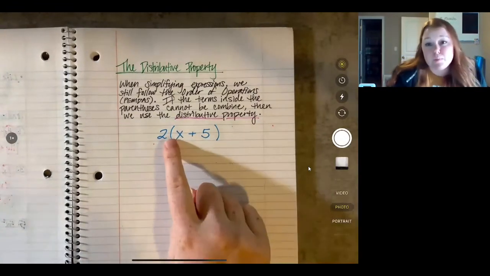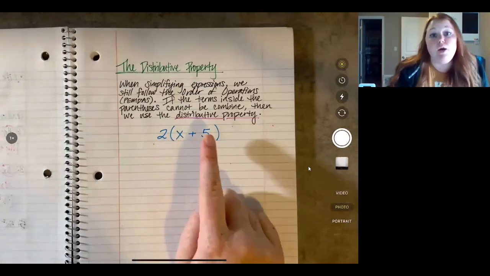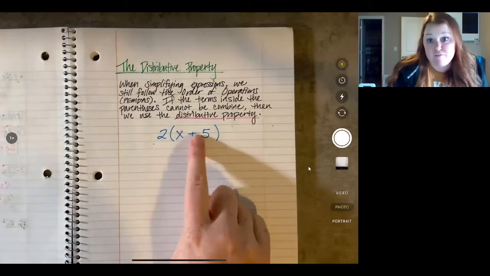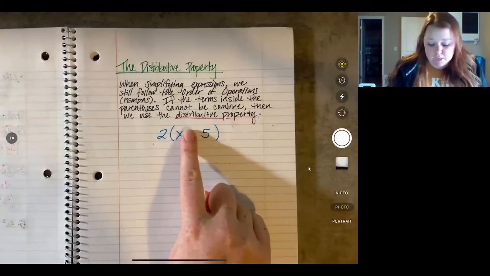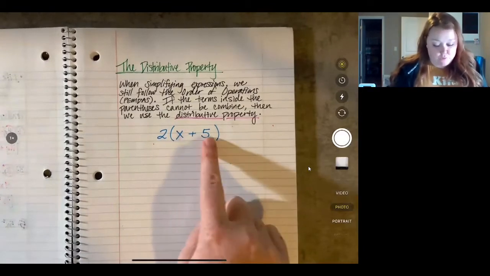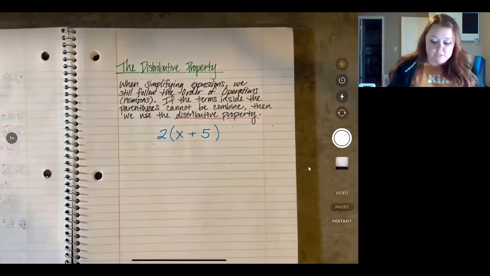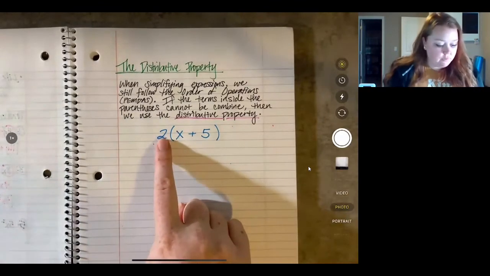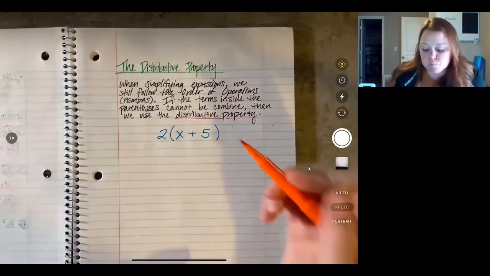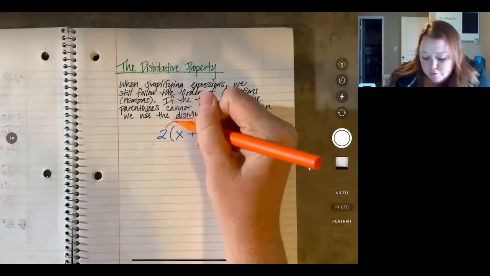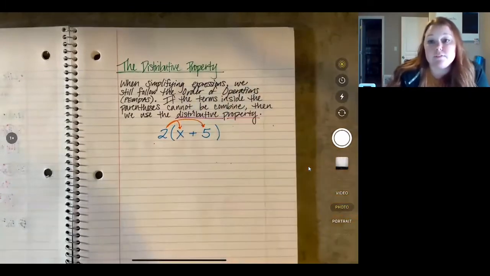Hopefully you said it's multiplying. It's timesing by the sum of this. Now when I can't actually add or subtract what's in here, then this 2 that's out front gets multiplied to every single term on the inside.